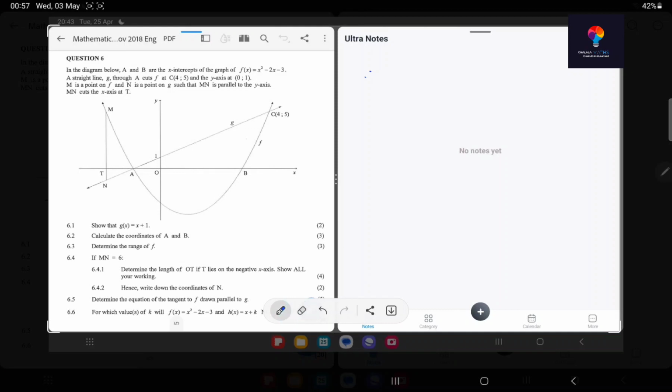Just by looking, it's 2 marks. It's very easy. 6.4.2.